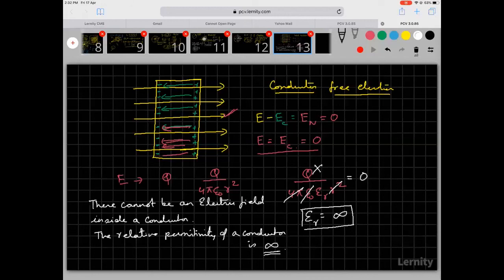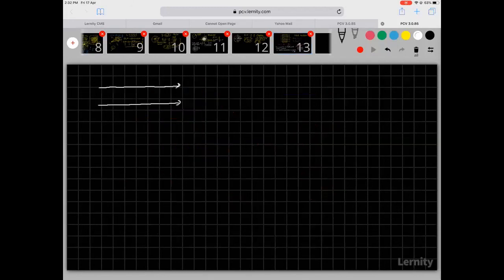Now we can ask, how will the other materials behave? So I have an electric field here. I placed a dielectric of dielectric constant K. Now, a dielectric is made up of atoms and molecules.